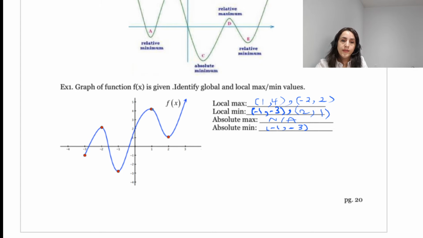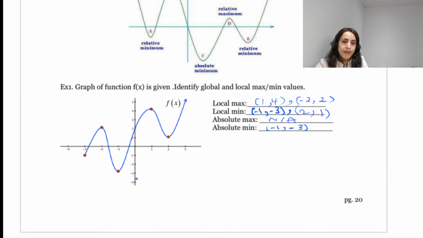I can see there's another point higher than this point, then for sure it's not an absolute. And also the function has an arrow at the end, meaning that it's going higher than these 2 points. Then neither of these points are absolute maximum. Both of them can be called local maximum. Here, -2 and 2 is a local maximum.